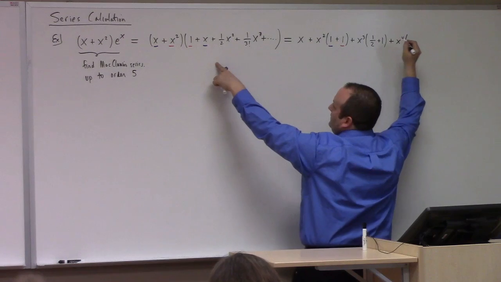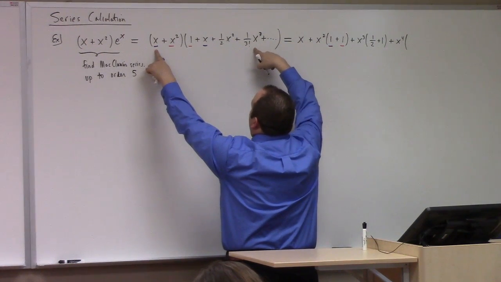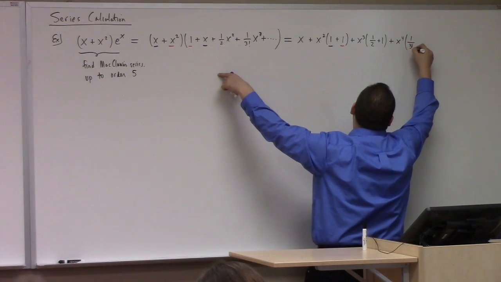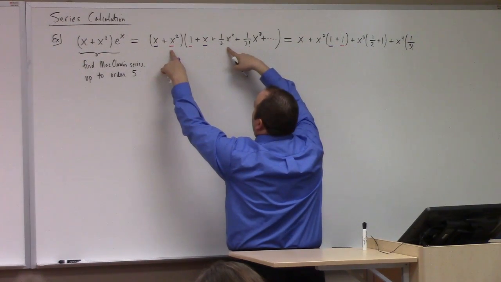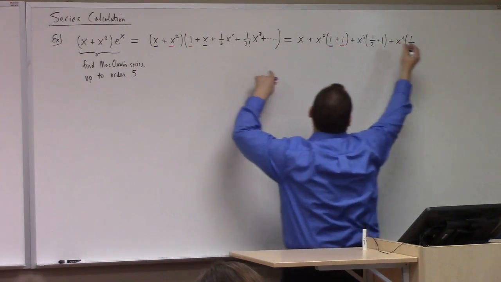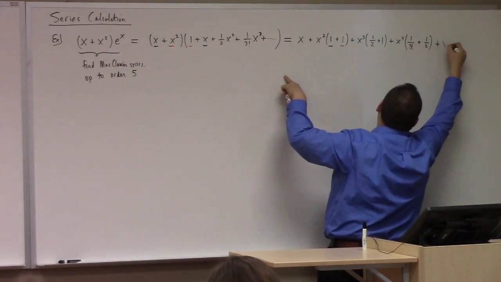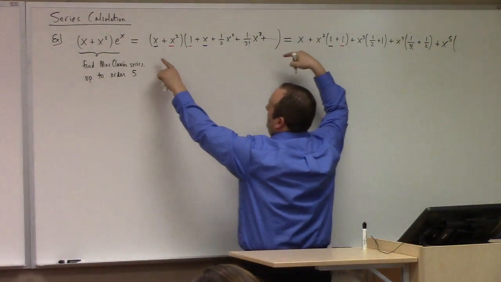Plus x to the 4th. How is it possible to obtain x to the 4th? How about x times 1 over 3 factorial? But I also have x squared times 1/2, so I also have plus 1/2. I guess you signed me up for 5th order, so I didn't write enough.